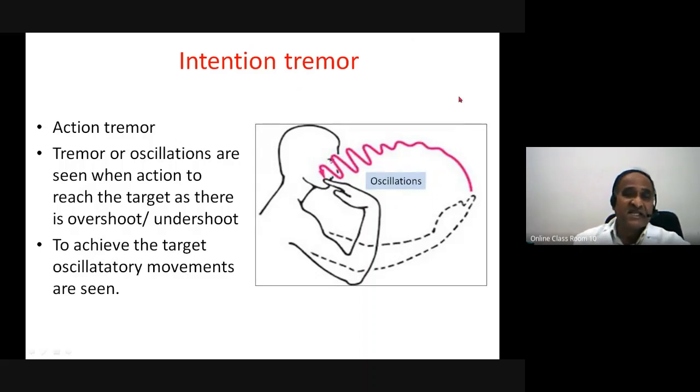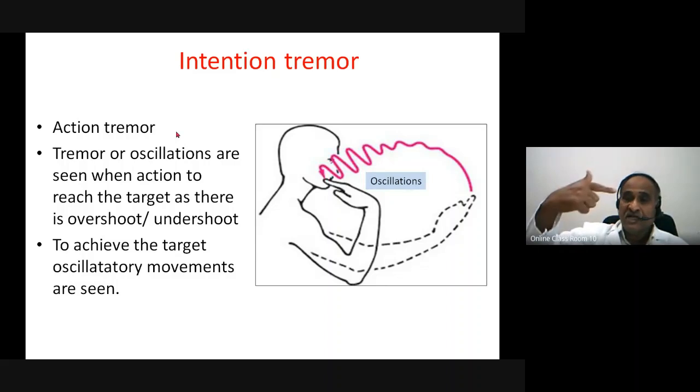Then intention tremor. This is an action tremor, and it is due to the oscillations of actions. When he reaches the target, he overshoots and undershoots, comes and goes.